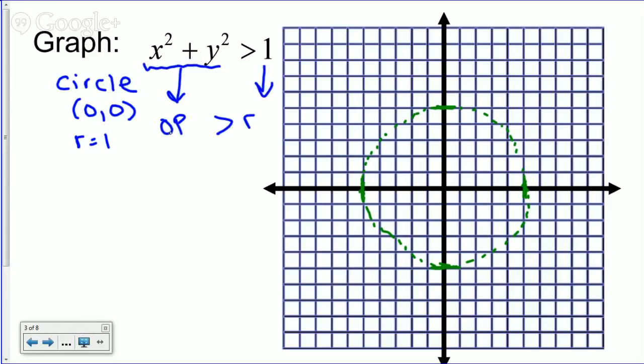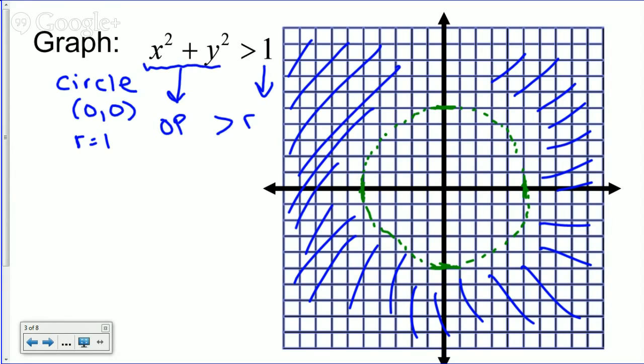So if I want my ordered pairs greater than my radius, that tells me they have to be somewhere out here. The distance from the circle to wherever my ordered pair is has to be greater than 1, and this circle represents 1. So we want it somewhere out here.